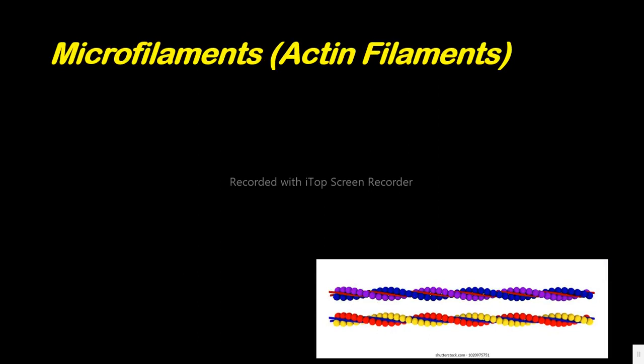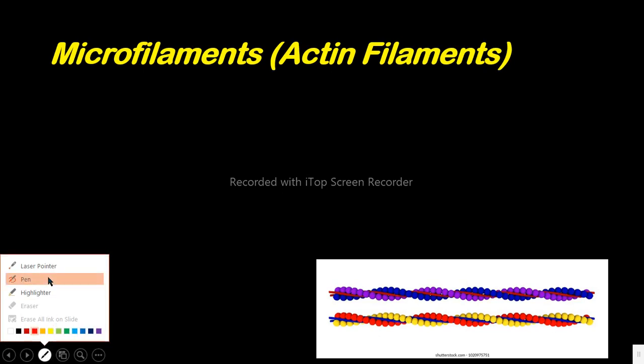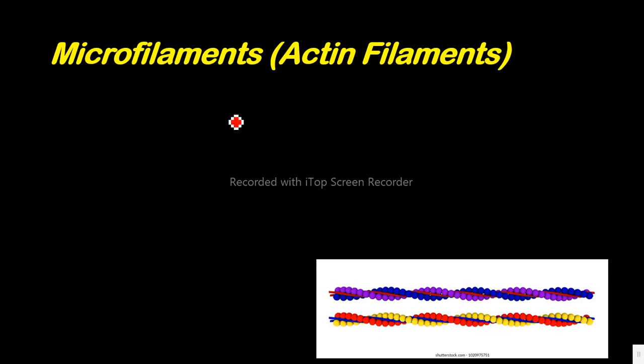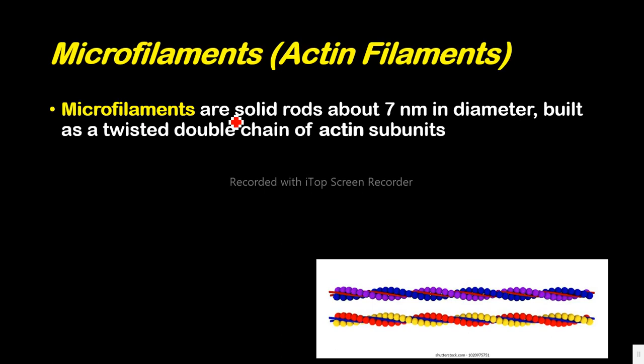So now these microfilaments are also constituents of the cytoskeleton. However, they are small in diameter as compared to the microtubules. These are solid rods of about 7 nanometers in diameter, built as twisted double chains of actin subunits.